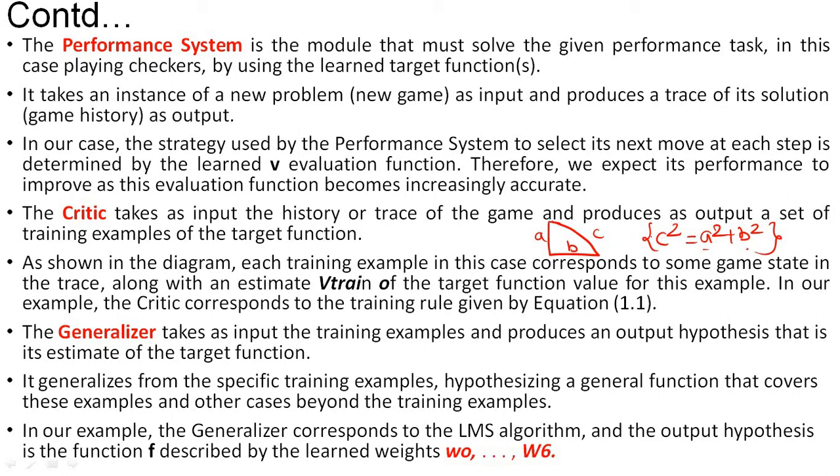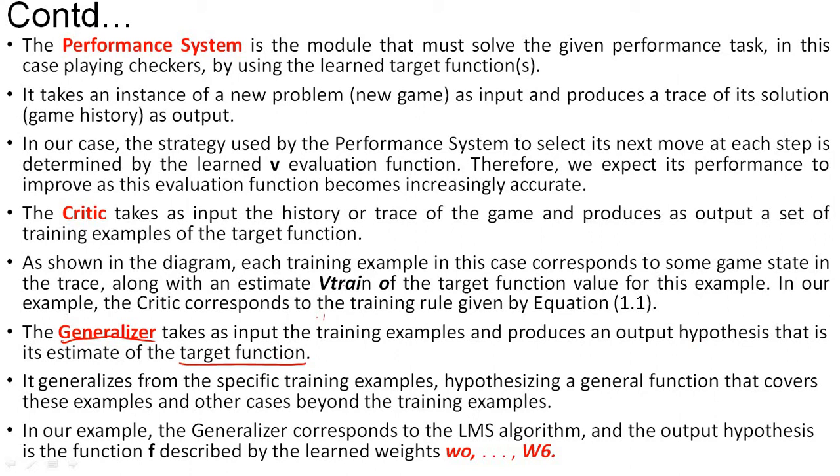The same thing happens in machine learning. The generalizer is not meant particularly for the checkers machine; we are not developing it particularly for that. So we have to generalize the target function. It takes the input training examples and produces an output hypothesis that is an estimate of the target function.